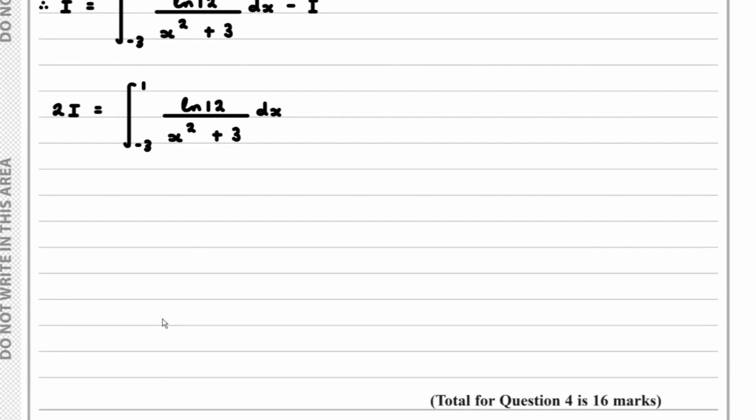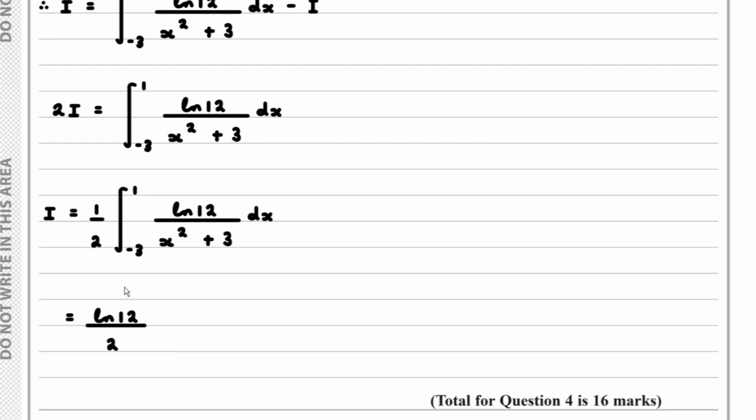And if I divide through by 2, I equals a half times the integral of the natural log of 12 over x squared plus 3 with respect to x from negative 3 to 1. And what I can do is factorize out a natural log of 12. So I've got the natural log of 12 times a half, which is natural log 12 over 2, times this integral here.